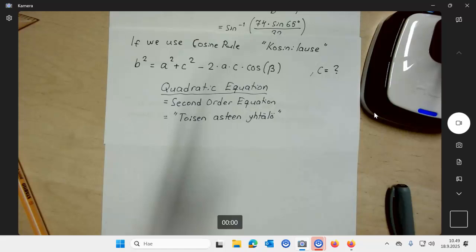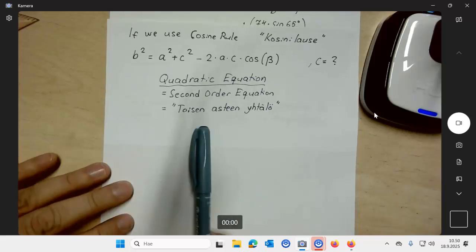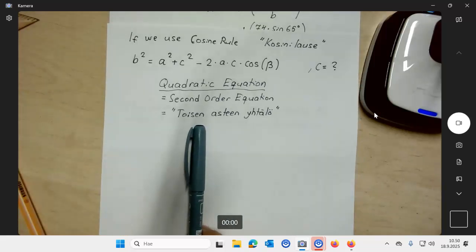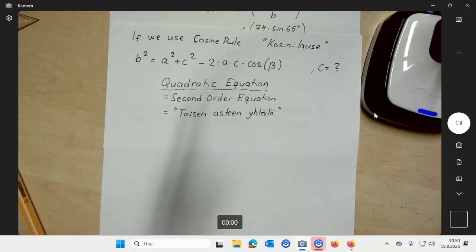Toinen, yes, it is the second in Finnish. Why is that? Yes, it is hard to. Maybe you should translate this. It is of the second order in exact translation.